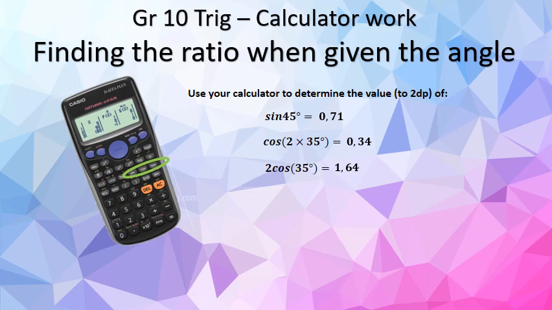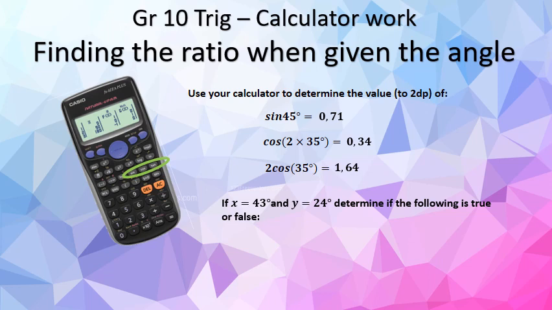So if you look at the third example, 2 cos 35, if we're dealing with a triangle with 35 degrees at a vertex, then adjacent over hypotenuse would give you a trig value, and if you doubled it, that's why the 2 is in front, you would get 1.64. We just want you to get used to using the calculator because you're going to be using it a lot.